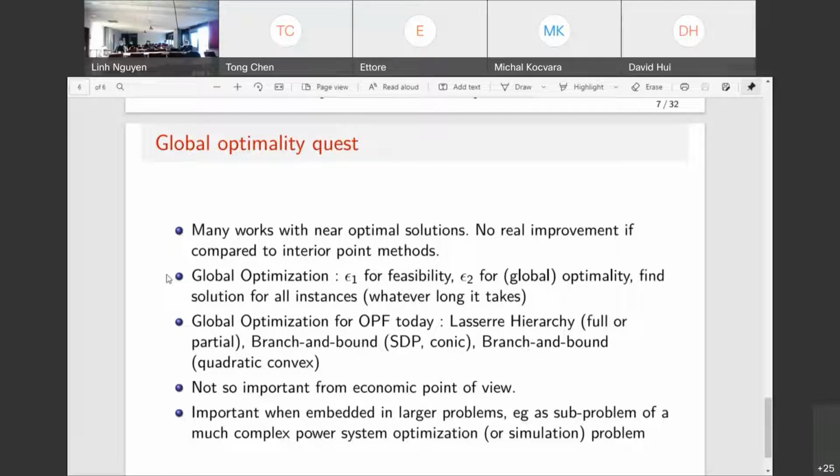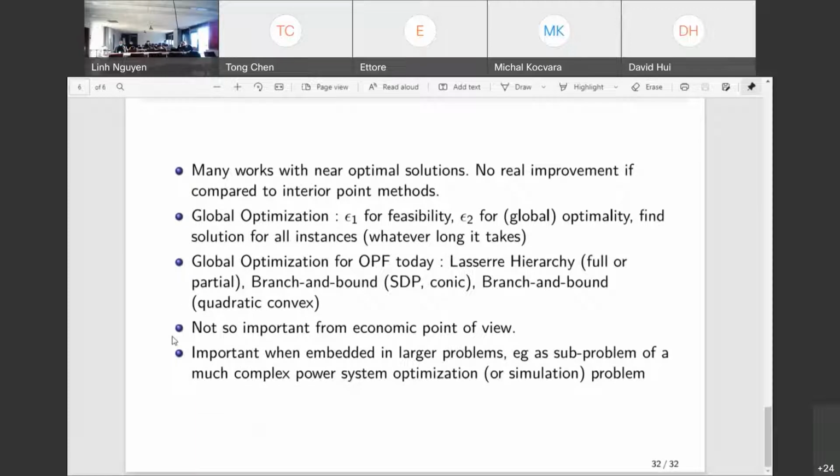Global optimality is when you choose some feasibility criterion and some optimality criterion, and then there is a method that will find a global solution to this criterion, decided by the user, however long it takes. This is global optimality. But in power systems, which are basically led by US researchers, it's very difficult to explain.